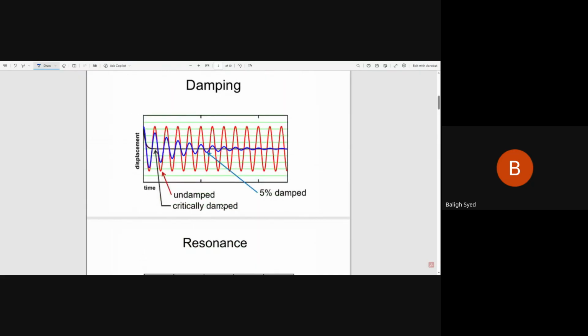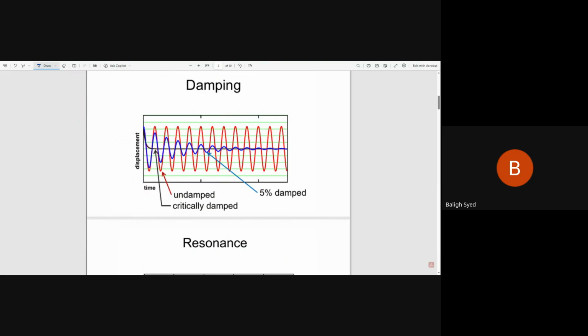This is once again the same kind of waveform, but I just wanted to make sure you understand the concept of damping. Damping is a magic word. No one understands 100% what damping is. But in order to understand, we say if there is zero damping, the system will never come to equilibrium. It will keep oscillating infinitely.